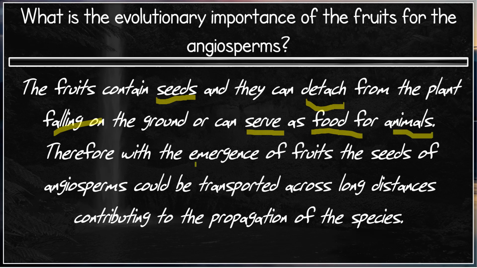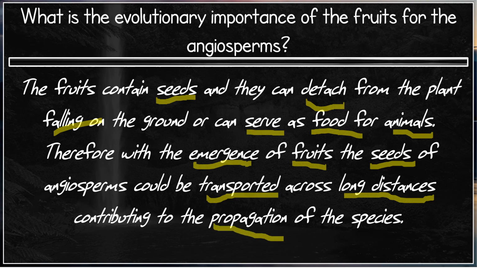Therefore, with the emergence of fruits, the seeds of angiosperms could be transported across long distances, contributing to the propagation of the species.